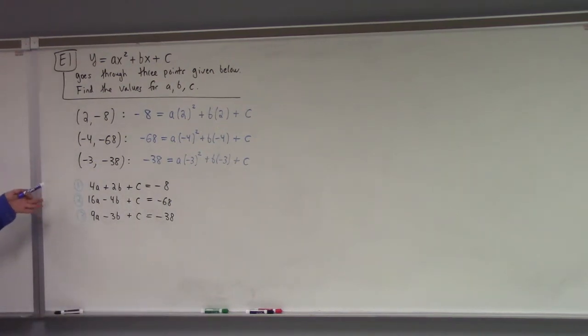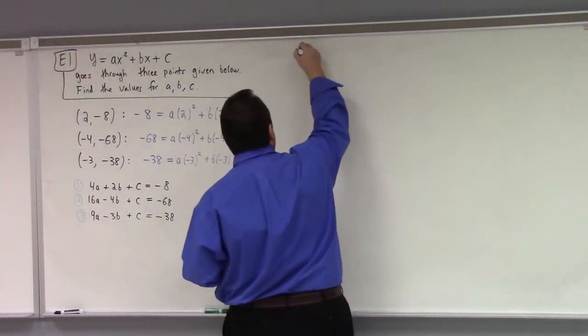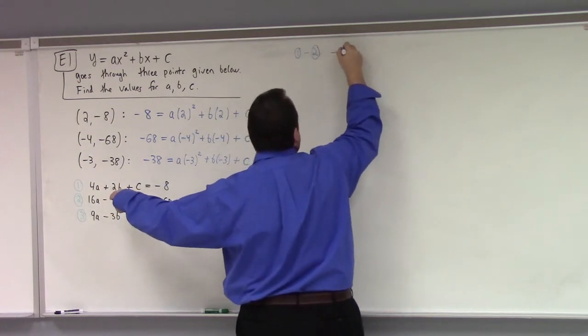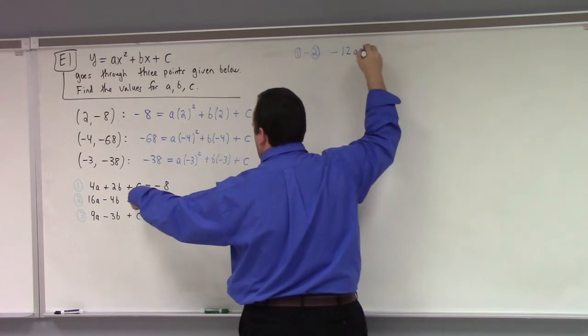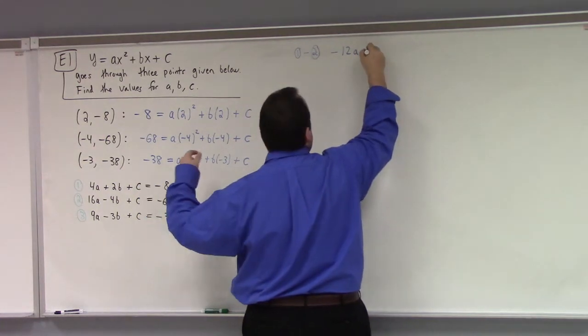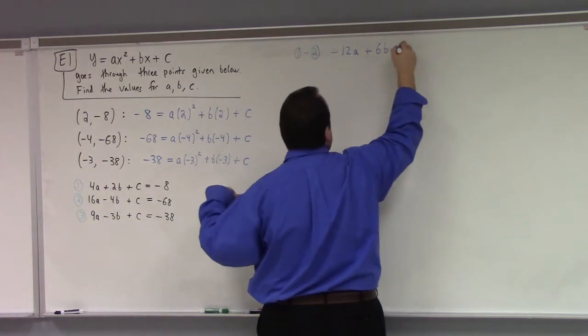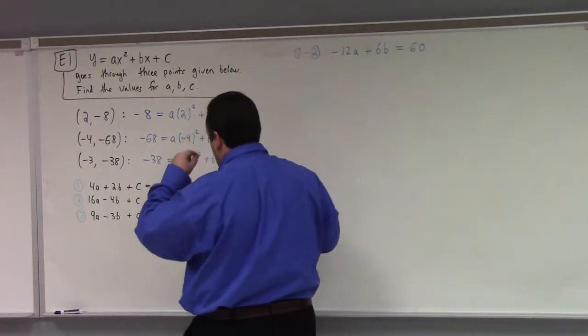It's pretty obvious what to do. Equation 1 minus equation 2, what does that give us? Minus 12a plus 6b. The c's cancel, and we get equals 60. That's equation 1 minus equation 2.